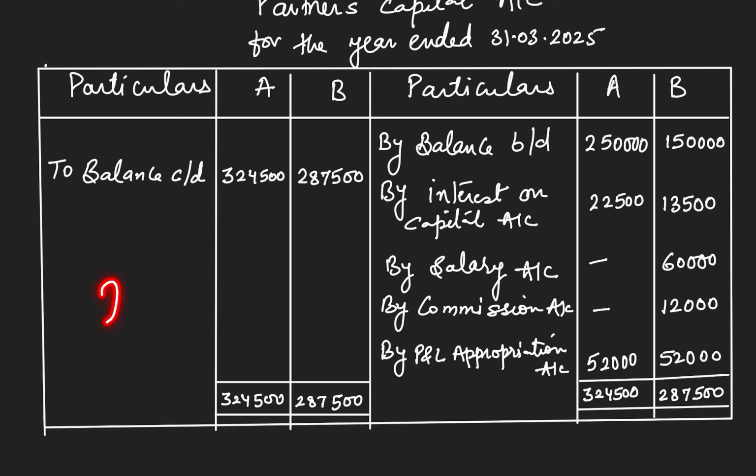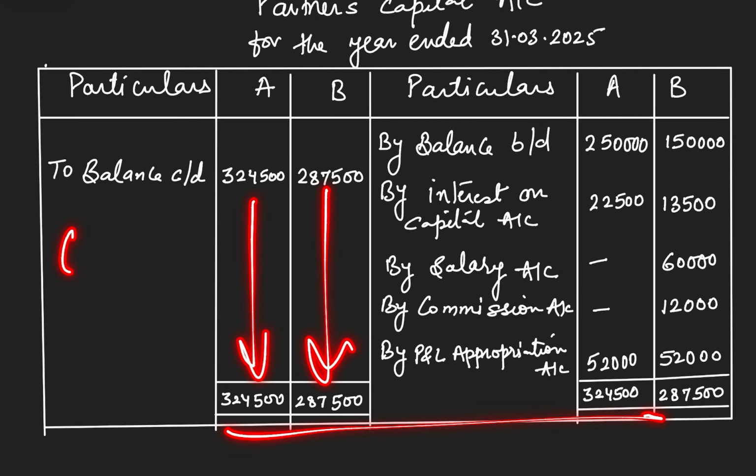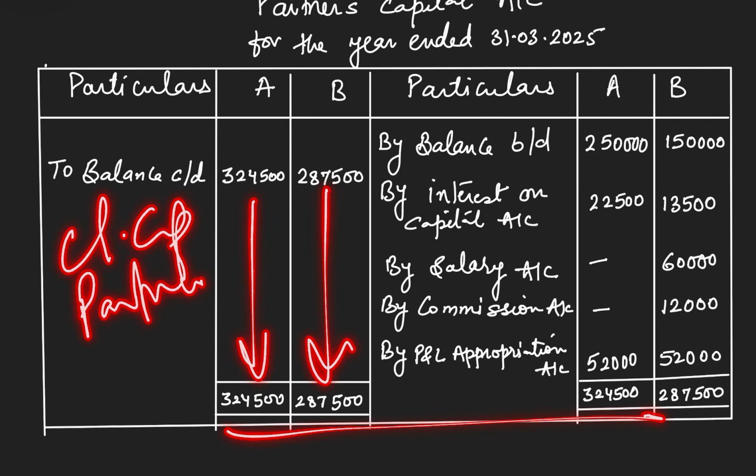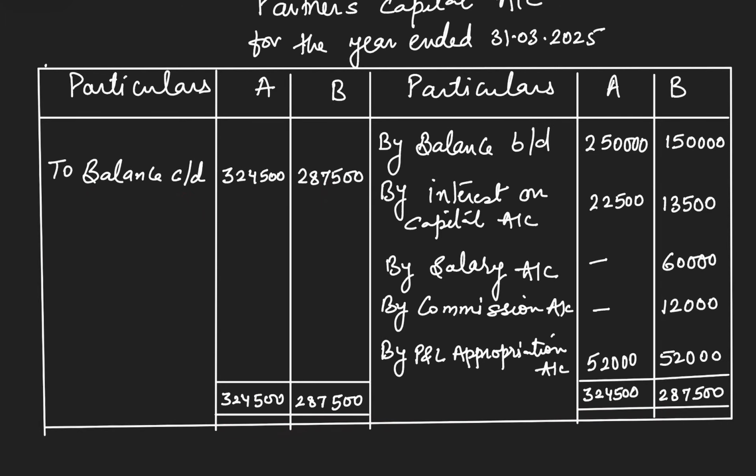Similarly, this side also 2,87,500, that is the credit side, minus the debit, which is 0. So the closing balance comes out to be 2,87,500. So this is the closing capital of the partners.